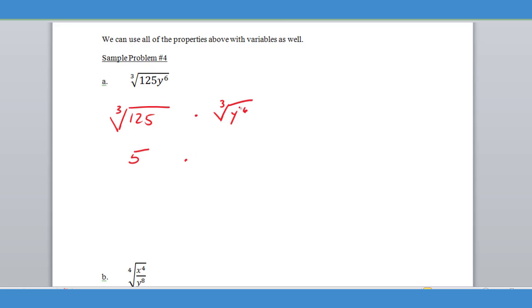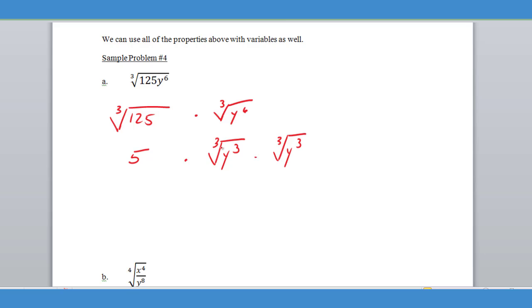However, I have two sets of 3's underneath the radical, so I can actually break the y to the 6th up and try to get it down into powers of 3. So I'm going to take the cube root of y to the 3rd, and then the cube root of y to the 3rd power again.